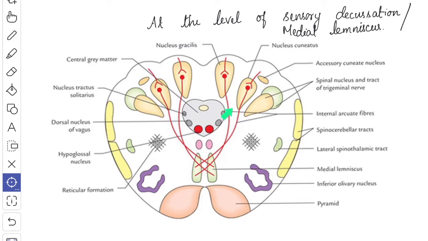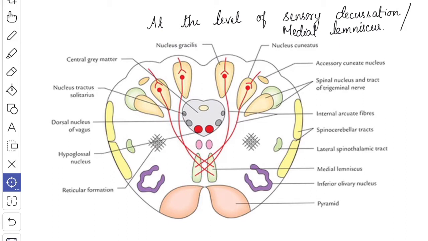These fibers course forward and medially around the central gray matter and decussate with the corresponding fibers of the opposite side in the median plane. This is the sensory decussation, and they then turn upward to ascend as the medial lemniscus on the opposite side close to the median plane.